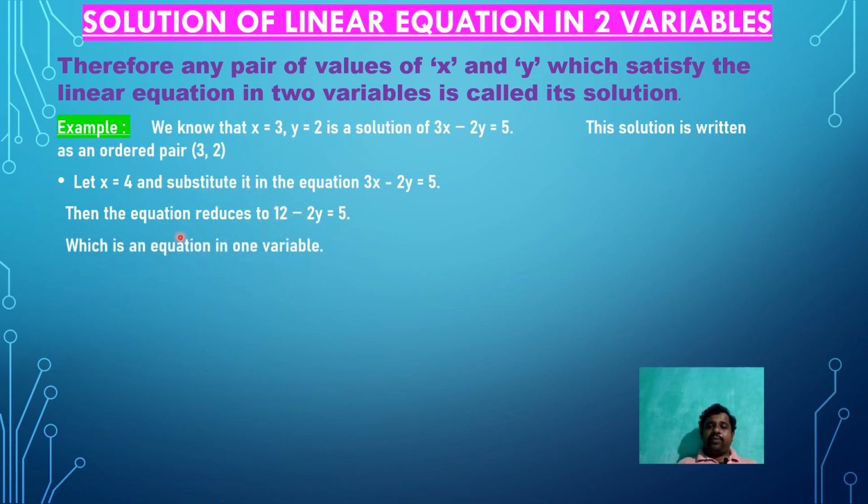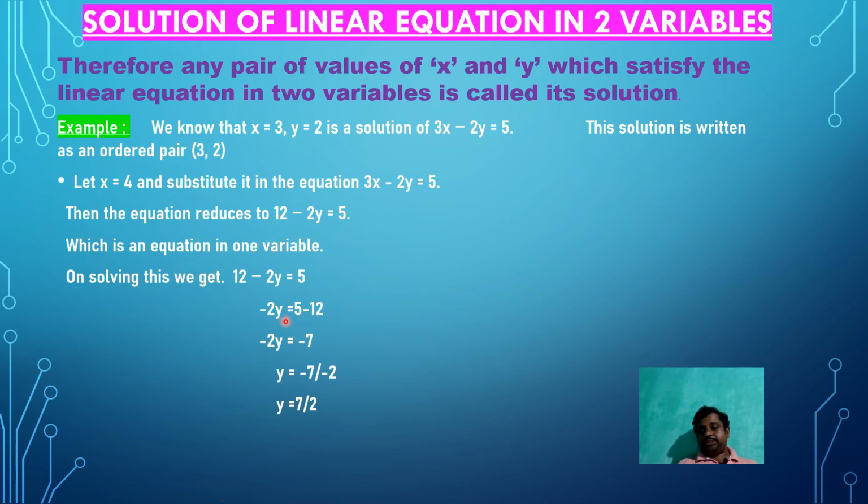Now we have an equation in one variable. To solve this, we can find the value of y. On solving, we get 12 minus 2y is equal to 5. We transpose 12 to the RHS: minus 2y is equal to 5 minus 12. What is the value of 5 minus 12?